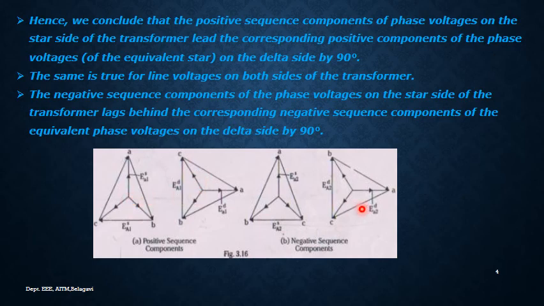Whereas in case of the negative sequence component, this is our original initial referred phasor diagram, right? In this case, all the voltages referred to the delta side are lagging by an angle of 90 degrees. So if you see both phasor diagrams, they are getting changed by 90 degrees.